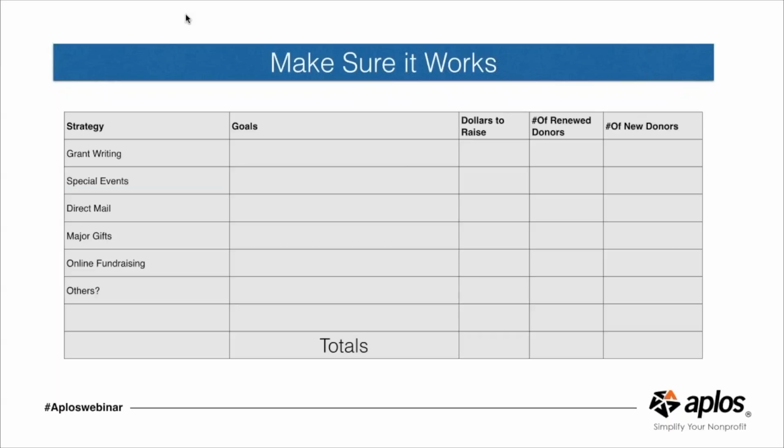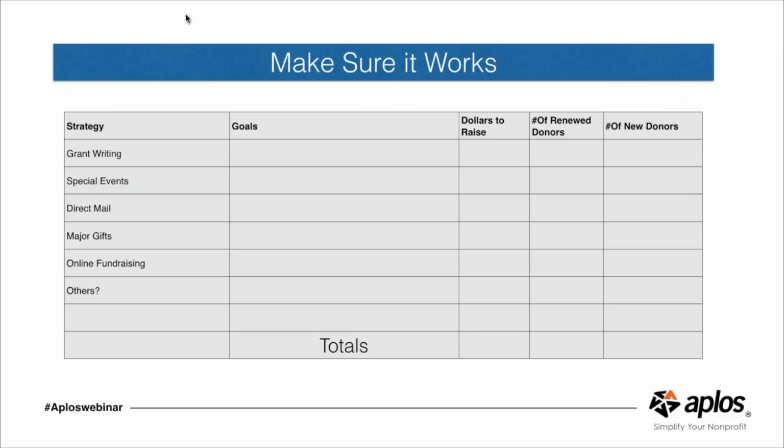You see I put some strategies in the left column, your goals in the middle, and dollars to raise, number of renewed donors, number of new donors. And not every box needs to necessarily be filled. You might have some other strategies that I'm not thinking of, and certainly use your own creativity there. So this would be the macro, the 10,000 foot level view.